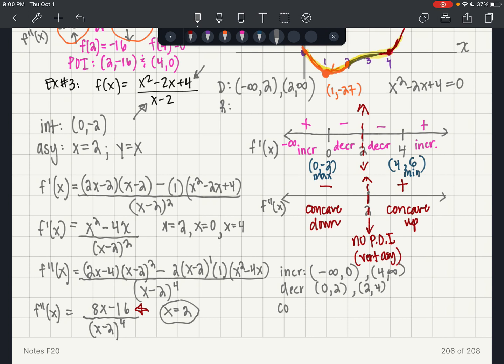We would have concave up, -infinity to 0, 4 to infinity. Good. Concave up, just making sure I wrote it down correctly. Concave up from 2 to infinity, and concave down from -infinity to 2. And then no points of inflection. None.